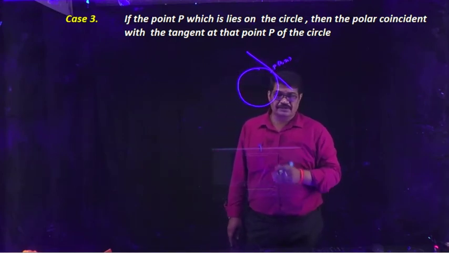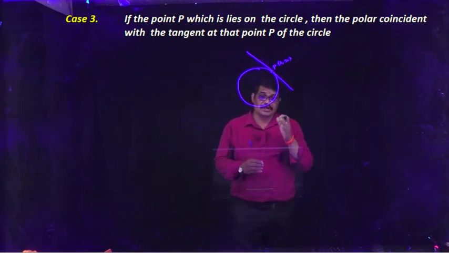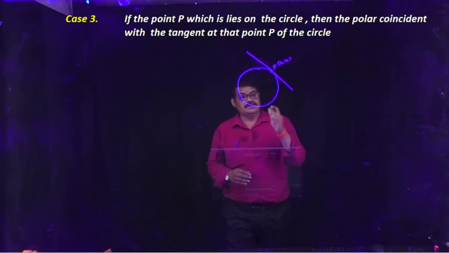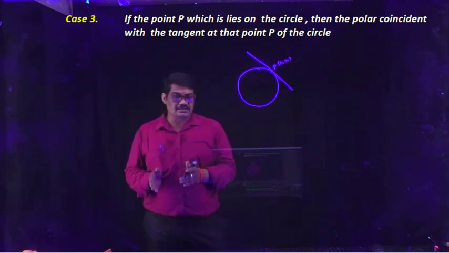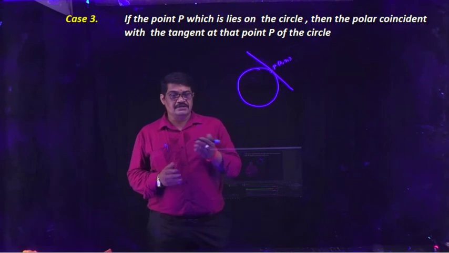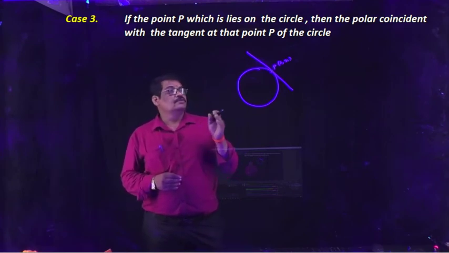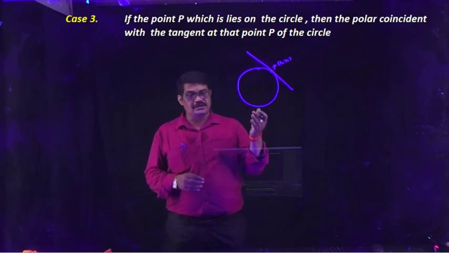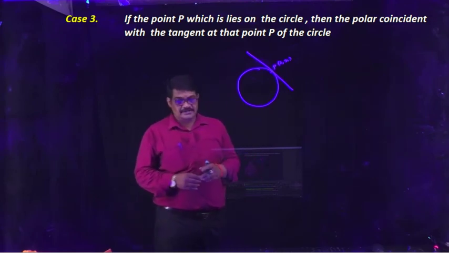So if point P lies on the circle, then the polar coincides with the tangent at that point. The polar is itself defined as the tangent at that point P of the circle. This is the third case.